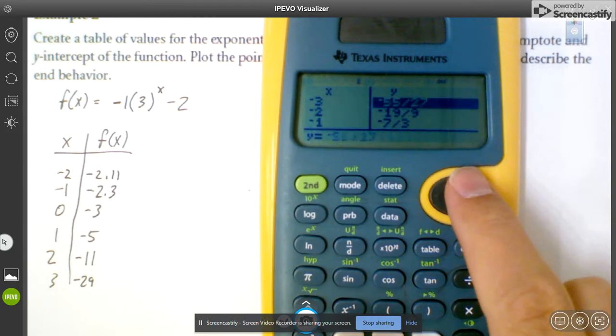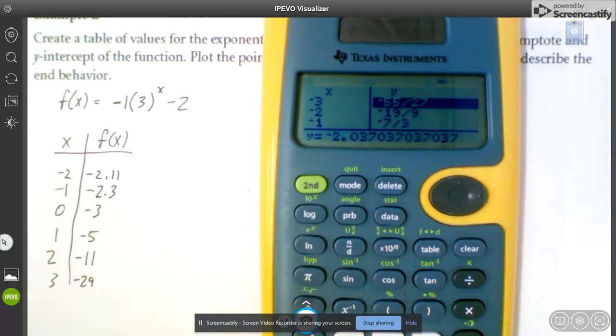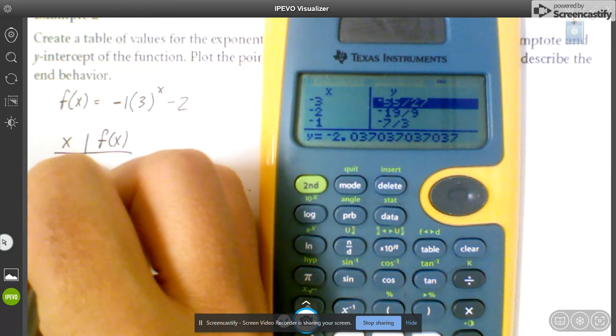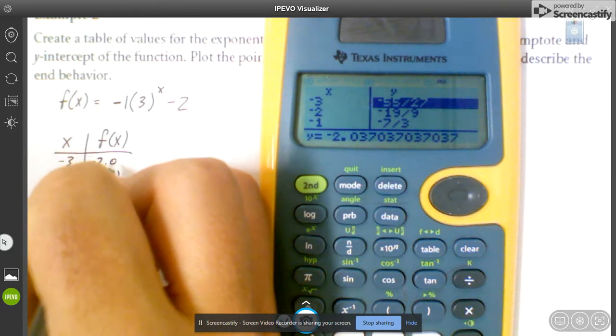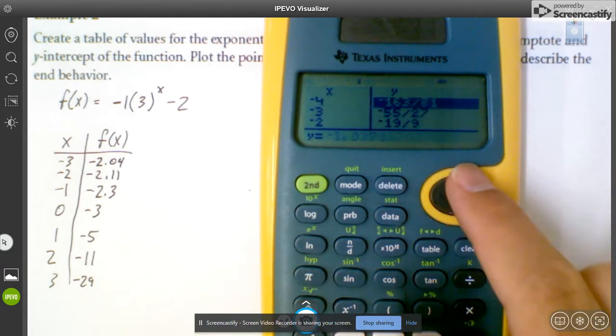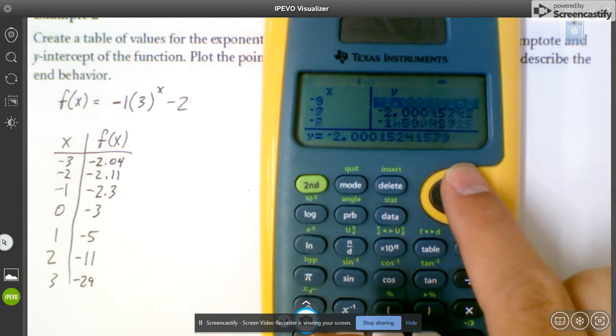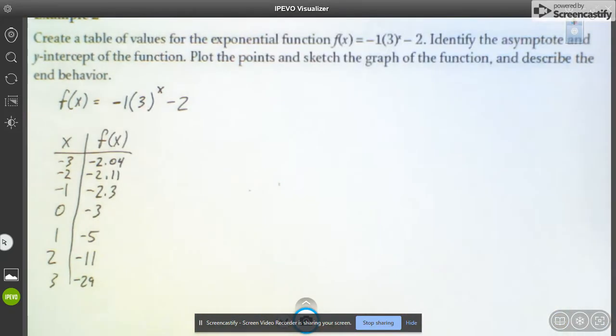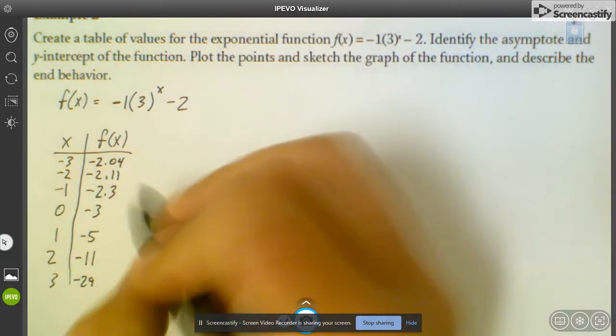You should start to see a pattern here, see exactly what I was talking about. If I go out to -3, that would be -2.04. And I think y'all can see that we're approaching -2. And if I were to keep going into my negatives, as you can tell, I'm approaching -2, but I'm never actually getting there. Okay, so let's talk about a couple of things we can go ahead and write down.